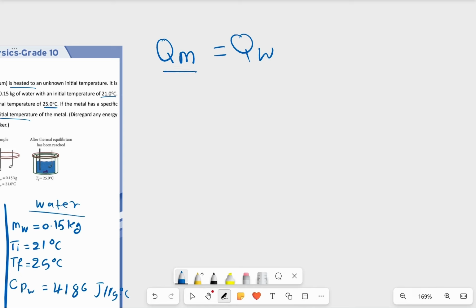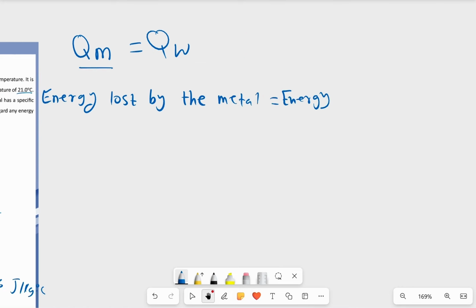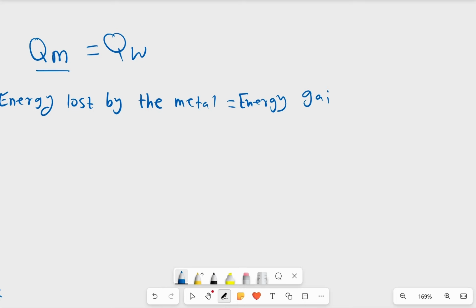Energy removed from the metal, or energy lost by the metal, is equal to energy gained or absorbed, doesn't matter, gained by water.